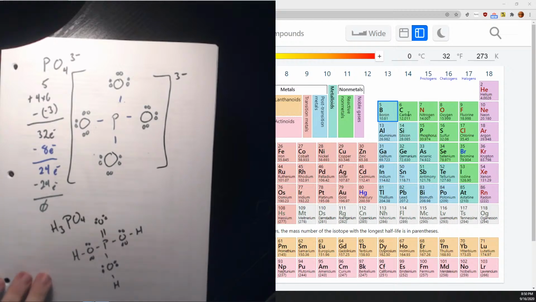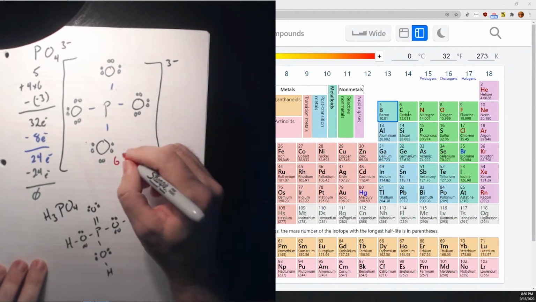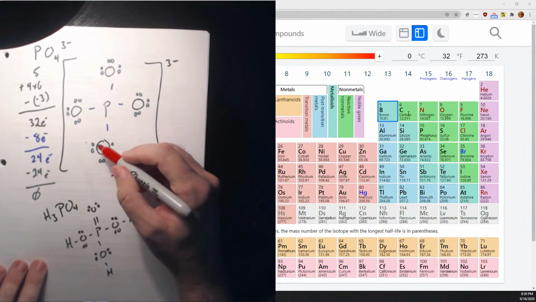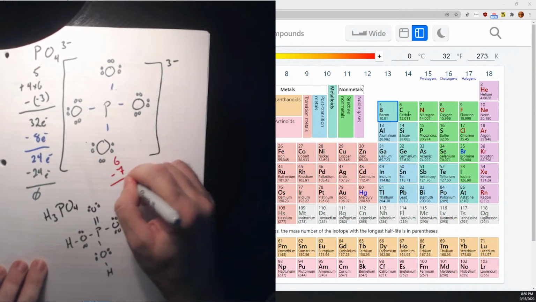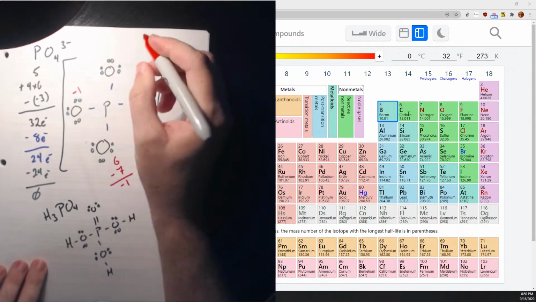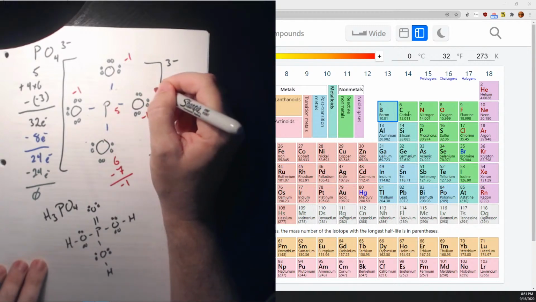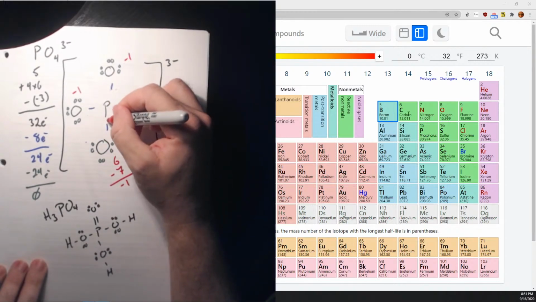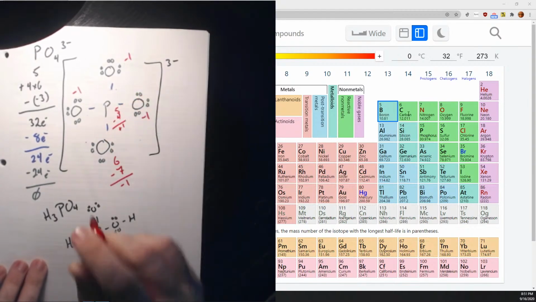Okay? Lewis structure rules mean that each of our oxygens, they started with 6, they own 7, 1, 2, 3, 4, 5, 6, 7. Each of our oxygens is going to have a -1 formal charge. And phosphorus started with 5. It only has 4 bonds, so 1 electron per bond means 5 minus 4 gives it +1.